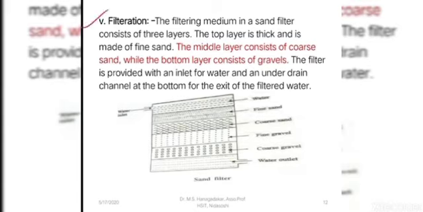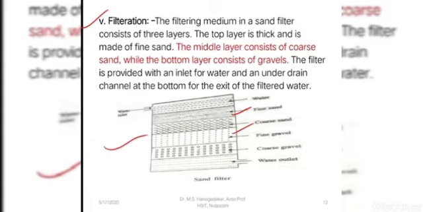Now, the fifth step in primary treatment is called filtration. You can observe in this filtration tank that you have three important layers. What are the three important layers? The topmost layer, which I am pointing to here, is made up of a thick and very fine sand bed, and the middle layer contains the gravel bed.